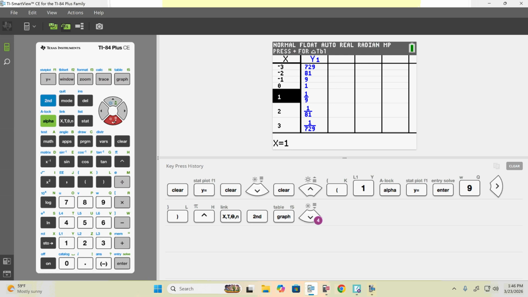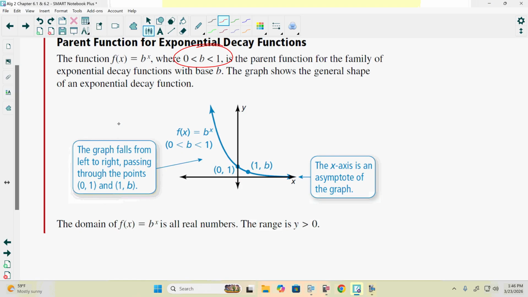When x is -3, we have 729. 81, 9, 1/9, 1/81, 1 over 729. The numbers keep getting smaller and smaller. However, the one value that this cannot be is 0. We can't multiply a number by itself any number of times and get 0. It just does not work.